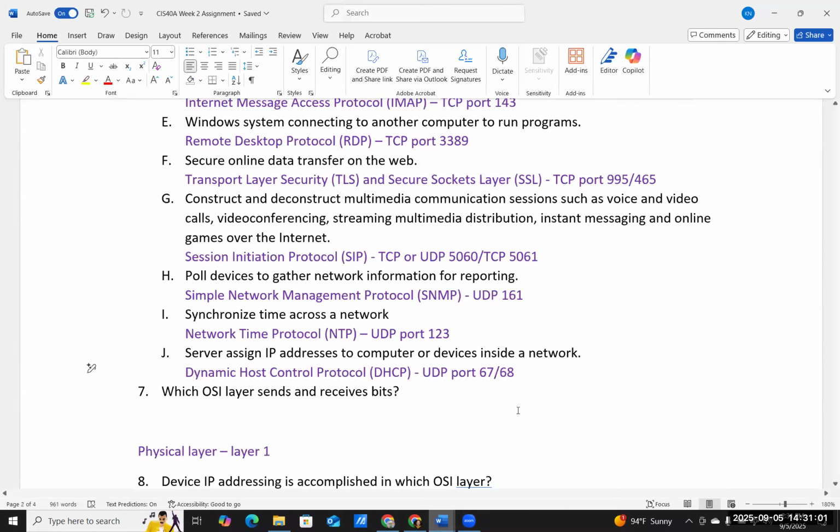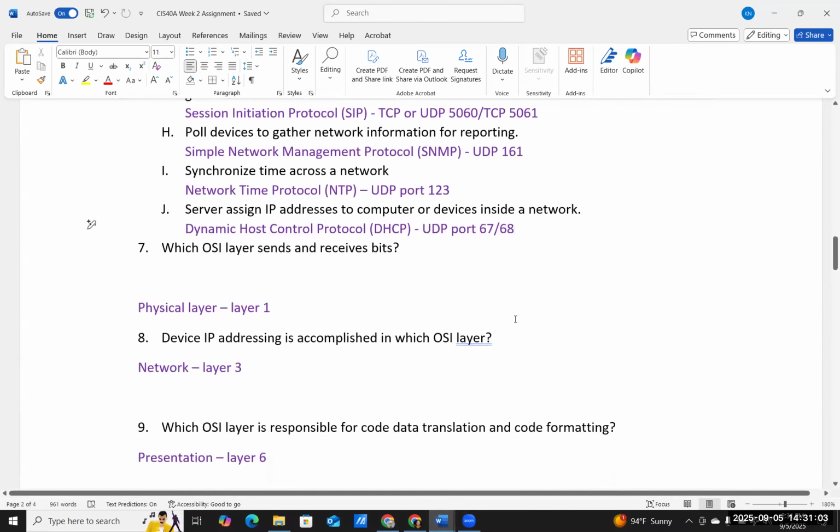Okay. So which OSI layer sends and receives bits? We know that's layer 1, at the cable level. Question 8. Device IP addressing is established in which OSI layer? Layer 3. IP addresses are used for routing.